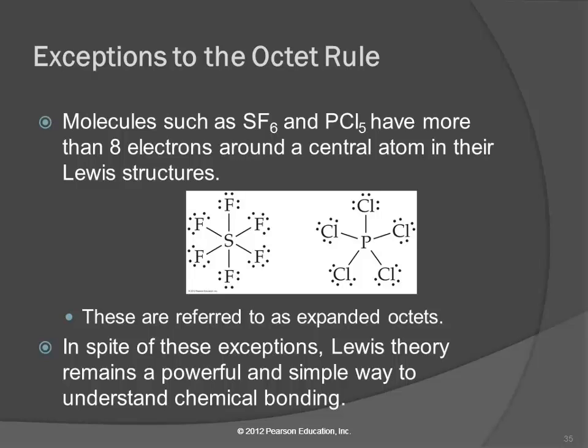It's only when you get down here that they can do that. And so phosphorus is also in period 3, and we see phosphorus can form phosphorus pentachloride, where it has 10 electrons instead of 8. So in Chem 20, we tell you, yeah, these exceptions exist. And then we just go on and look at the ones that follow the rules. So in spite of those exceptions, it's still a very useful model.